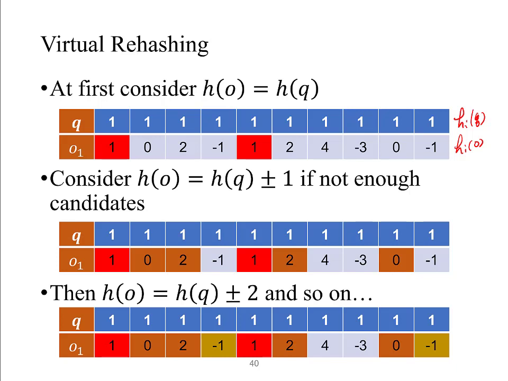At first we consider HO equals to HQ, where in this case only the first one and the fifth one have identical hash values. So the number of collisions is 2. If we set alpha m equal to 8, then this one did not pass the test. So O1 could not become a candidate.